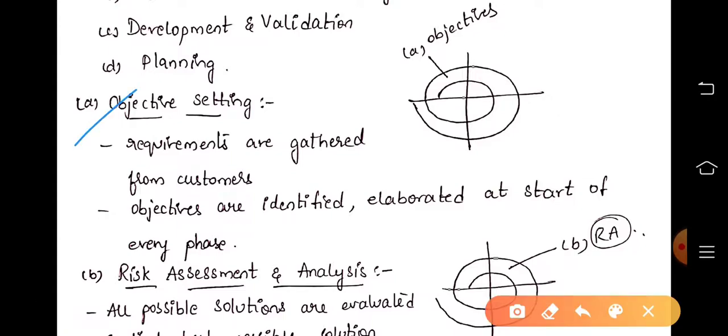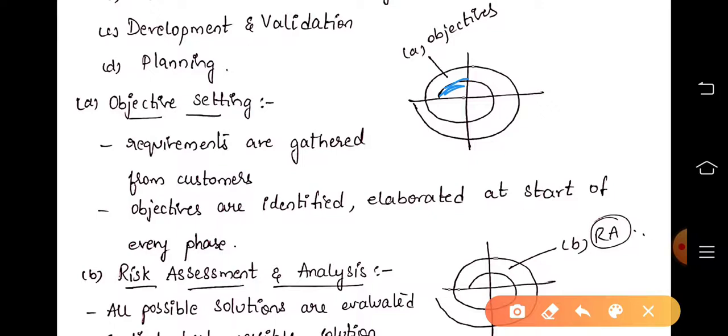In this objective setting, all the requirements are gathered from the customers. Suppose we observe this one phase of this loop, this part is one phase of that particular loop.